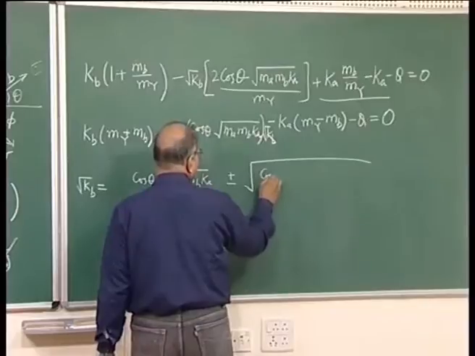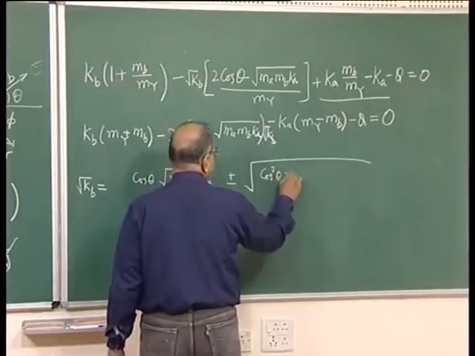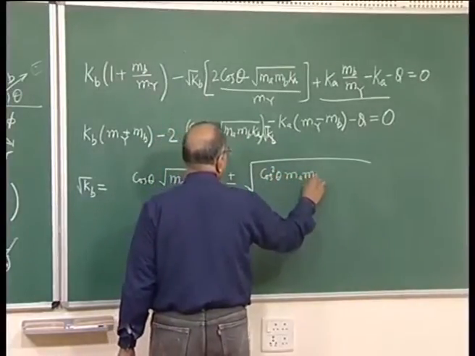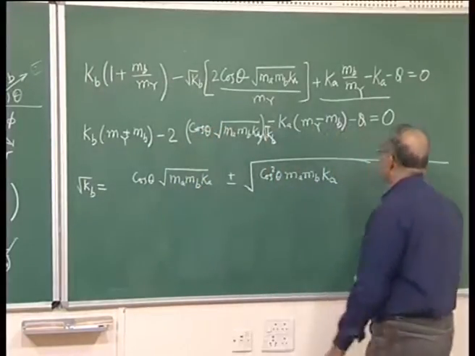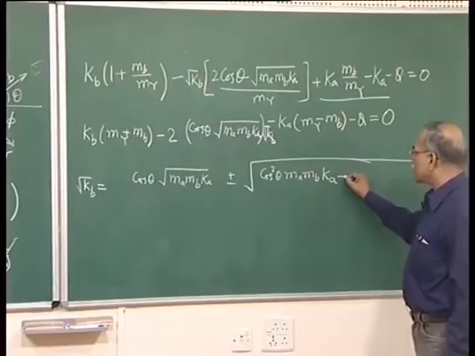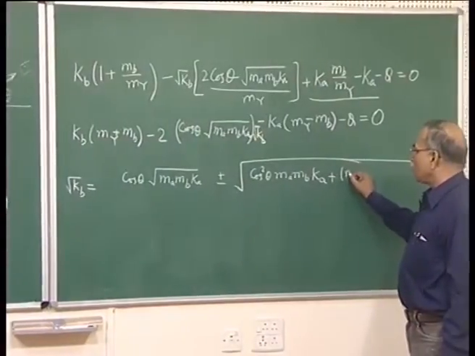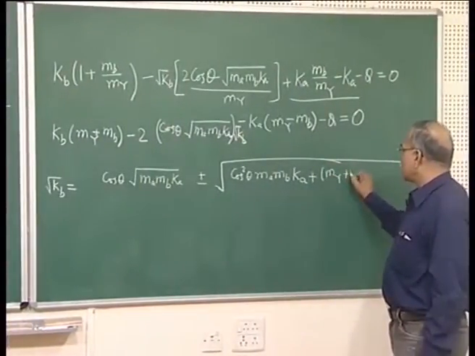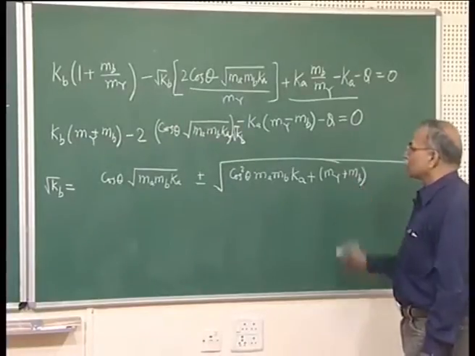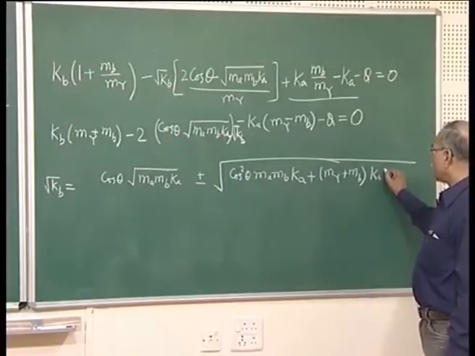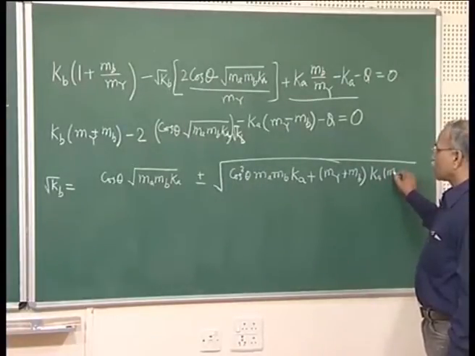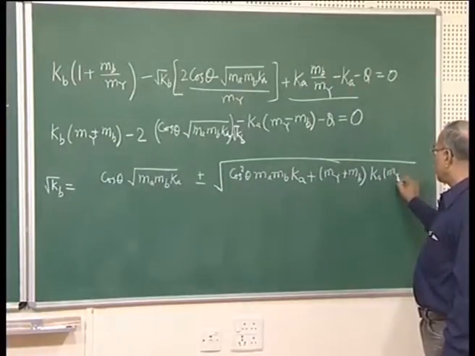So, it will be cos square theta and Ma Mb and then Ka, and minus 4ac. So, plus, and this will be My and plus Mb, and then it will be here Ka and then My and minus Mb.